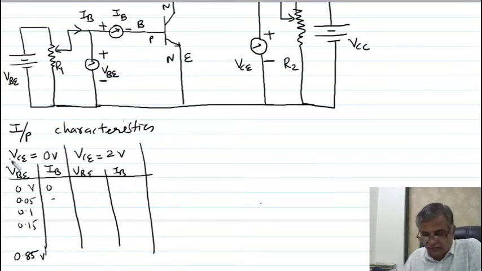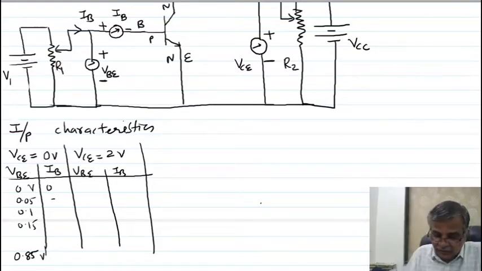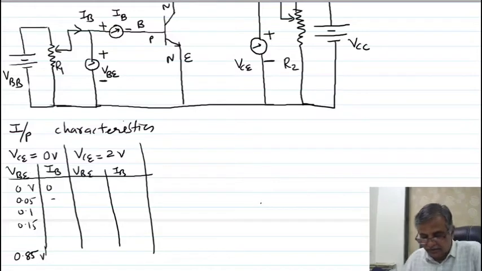Listen, in the first set I have kept VC equal to 0. This is kept 0 with the help of rheostat R2. With the help of rheostat R1, vary the value of VB in a suitable step and note down the corresponding value of the base current.